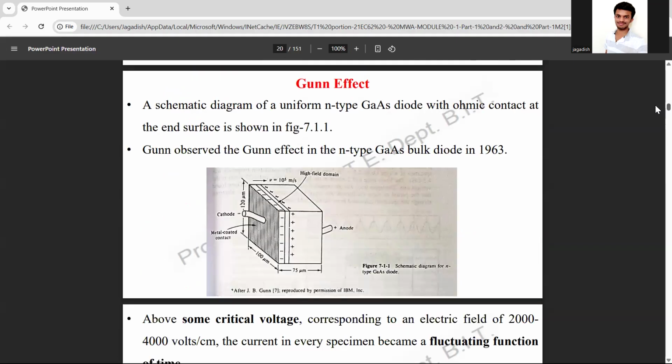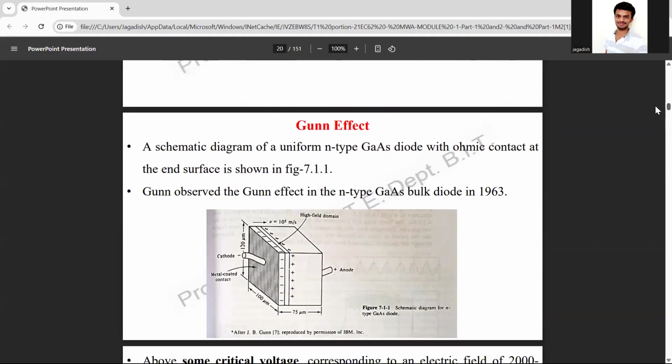Okay. Now, the Gunn effect, students, is very important. The Gunn effect happened only for the N-type gallium arsenide diode. So what happened? In that there was a periodic fluctuation of electric current in an N-type semiconductor because of some critical value. You have to write that, and you have to start writing this. Okay.